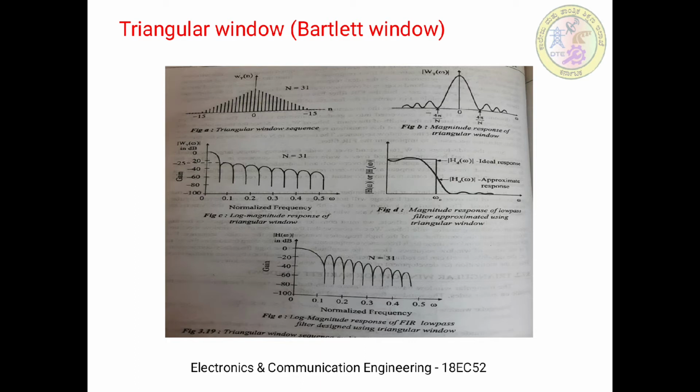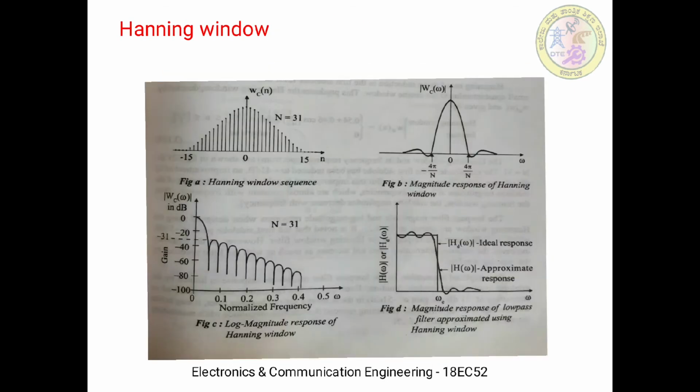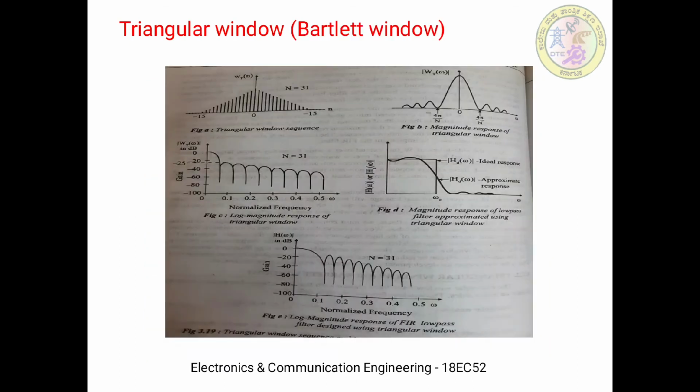These are the side lobes. The side lobe levels are reduced from minus 13 to minus 25 dB when compared to the maximum value, but the main lobe width still remains at 8π/N, or twice that of the rectangular window having the same duration.